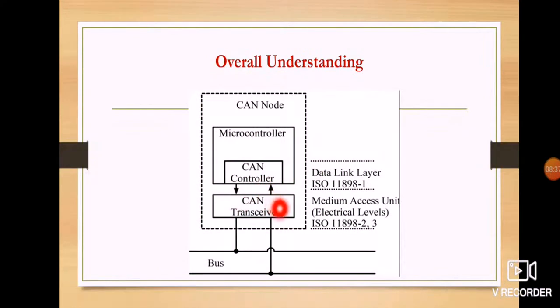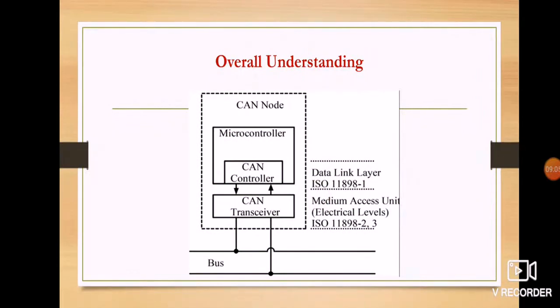The CAN transmitter and receiver form the physical layer, that is the interface layer. Then the CAN controller is the data link layer. This is ISO 11898, parts 1, 2 and 3. This you have to understand. So this complete stuff is called the CAN node. This is the overall understanding of the CAN controller as well as the CAN node.